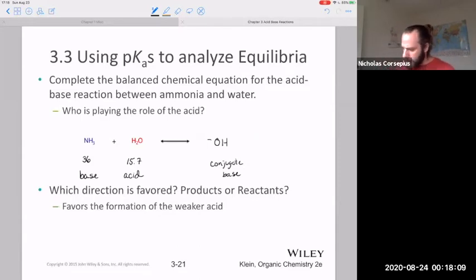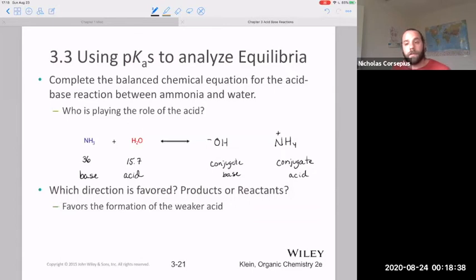And then the conjugate acid is what happens when my base accepts a proton. Now it's got an additional proton, so it's NH4, and in accepting a proton, it also gains a +1 formal charge. So this is my conjugate acid.